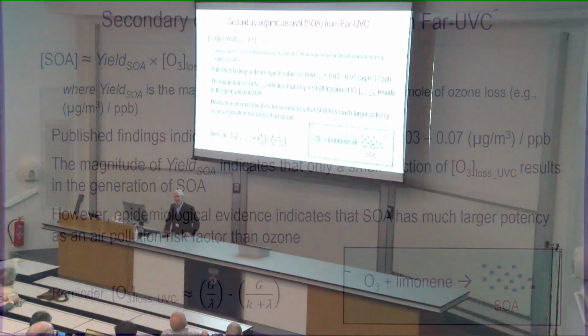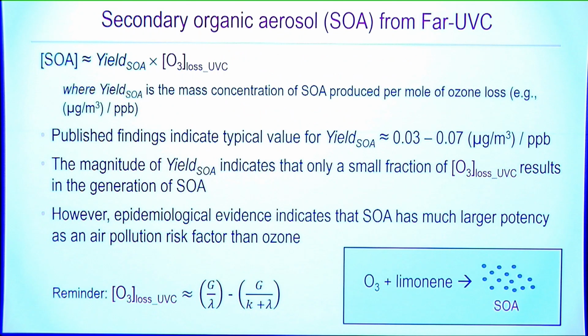So, a little bit more on secondary organic aerosols. The products that have low volatility can either condense on existing aerosol or they can nucleate to form new particles, new aerosols. We can use ozone loss, UVC, to estimate the secondary organic aerosols that are formed in an indoor environment when you use the Far-UV.